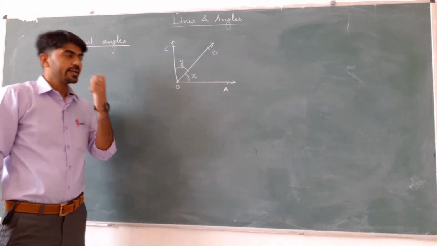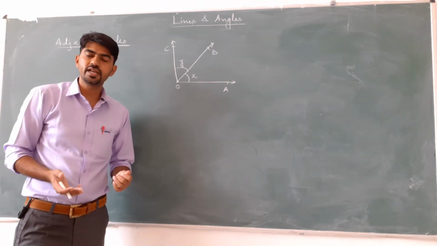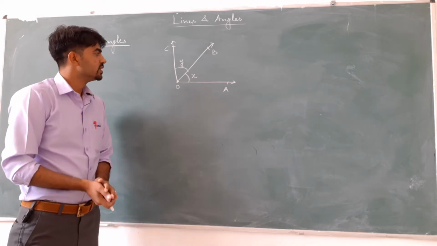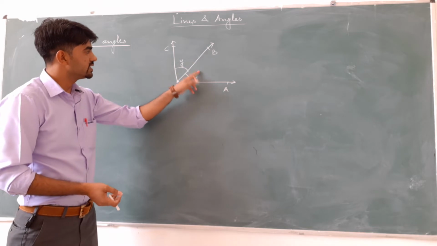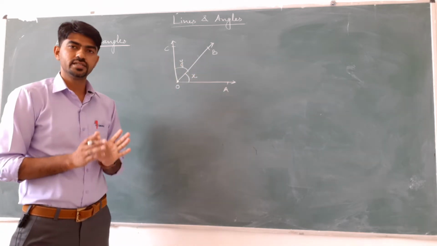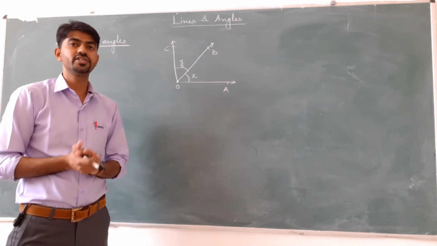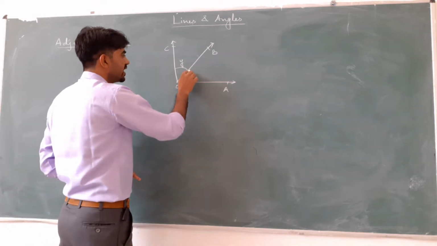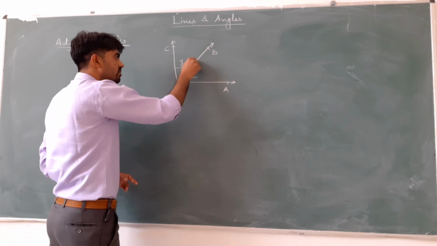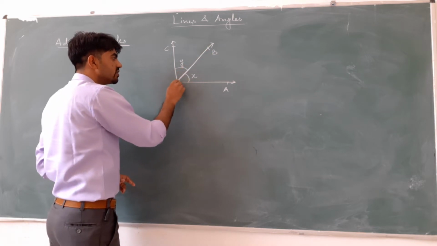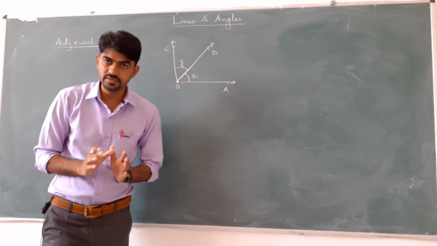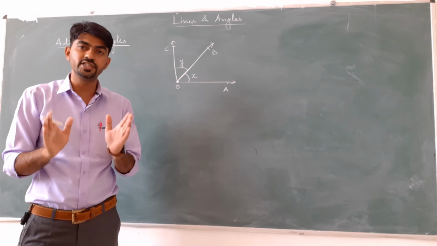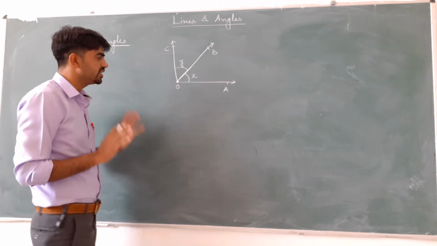In Hindi we say adjacent means what? Padosi, the neighbor. So these two angles are adjacent, but there is a condition for that. For angles we have a condition that they must have one arm in common, and they should not have any common interior. Interior means what?